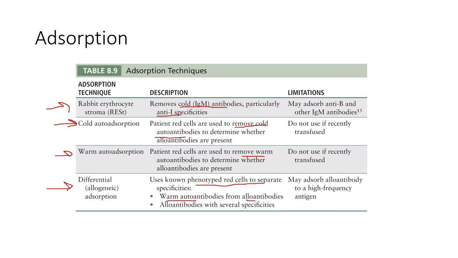So you just need to know this from a reference of a simple table of what it does. This is a good little cheat sheet. Rabbit removes cold antibodies. Cold autoabsorption removes cold autoantibodies. Warm removes warm autoantibodies. Differential, we're going to have phenotyped red cells.